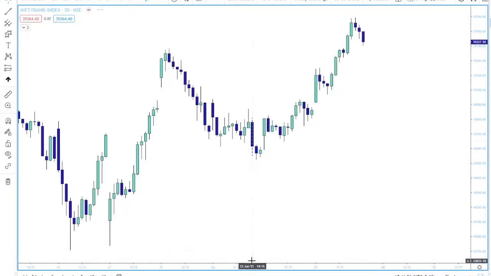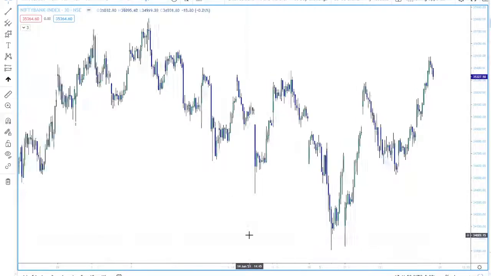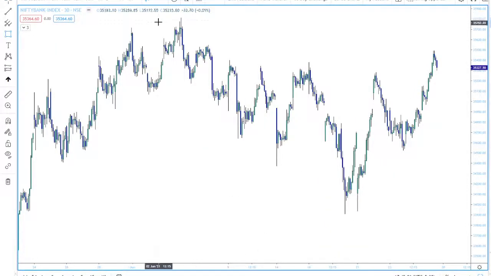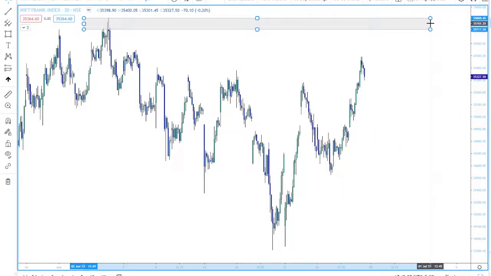Now we go to 30 minutes and we are going to mark our zones. My zone of interest would be this one here, the top area there. So I'd be looking for selling opportunities if price comes up to this zone here. It's not like I'm going to sell as soon as the price comes up.